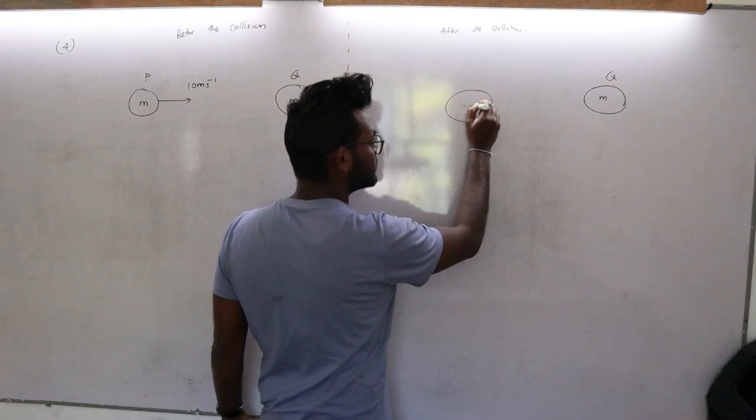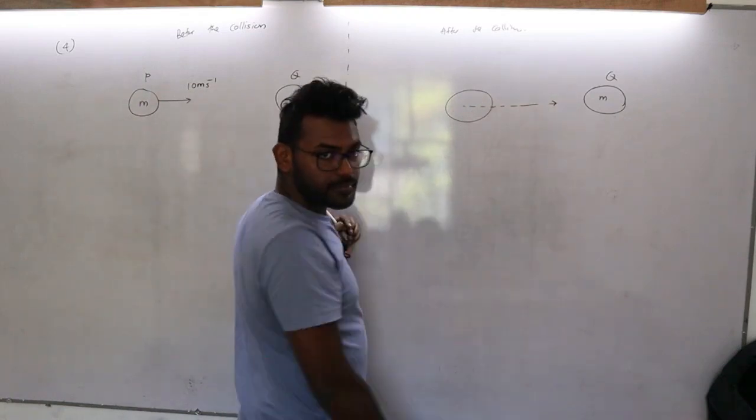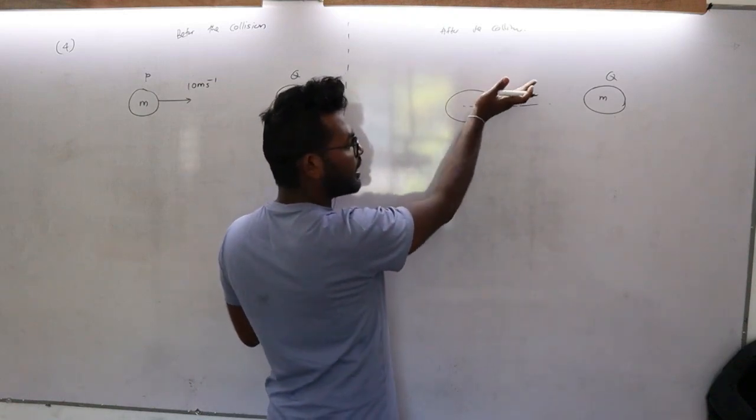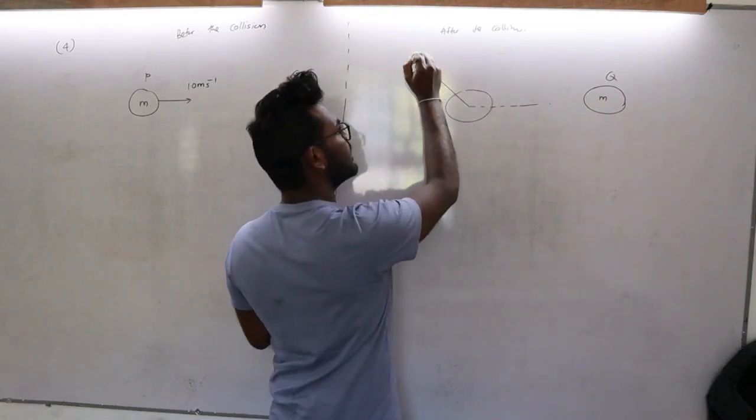That means it's supposed to go along this path. It was following a horizontal path like this, right? Now it is moving to which side? 120 degrees, which means it's an obtuse angle somewhere here, right?